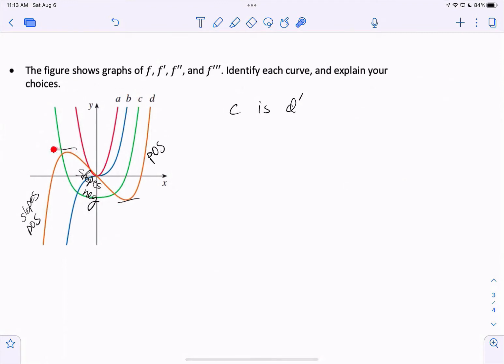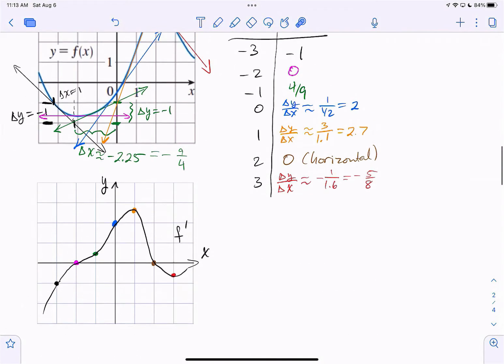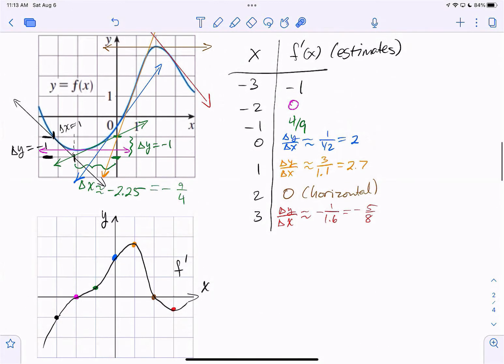If this, where the tangent is horizontal, means I'm looking at x-intercepts for one of the graphs, is a little bit challenging. Let's go back to the previous exercise here. And notice when we had a place where the tangent line of f was horizontal, we associated that with a 0 slope or an x-intercept for the graph of f prime, right?